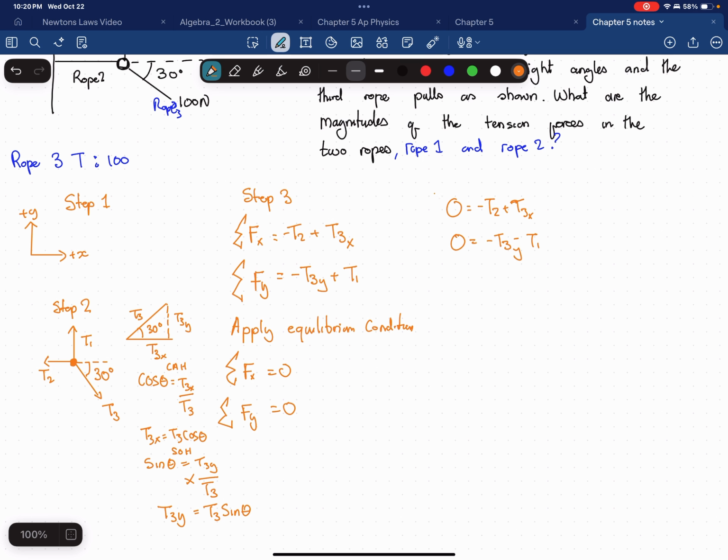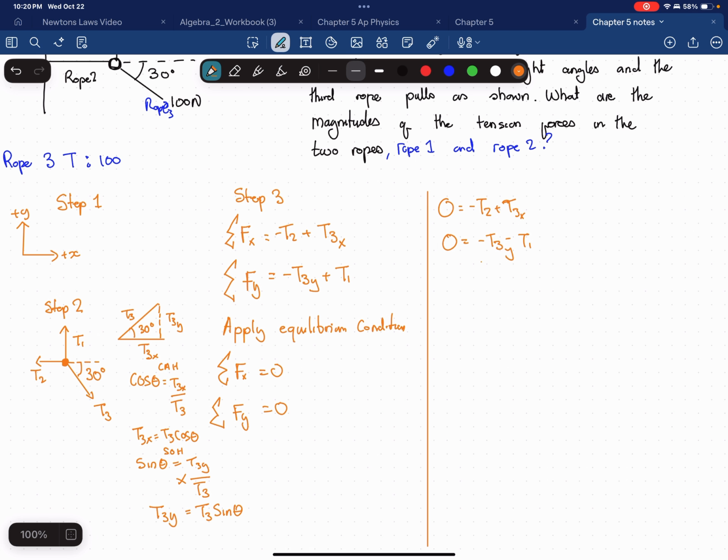Let me just make a line here so we don't have any confusion. So now I can plug in the vector values. 0 is going to be equal to minus T2 plus T3 cos theta.